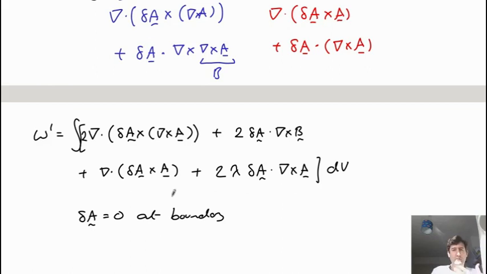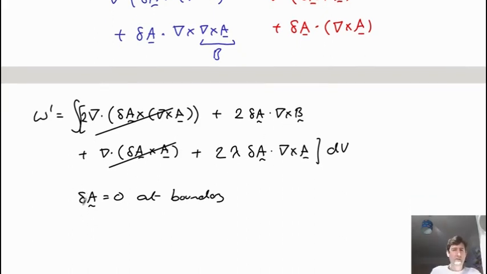So for example, if you have a conducting wall, so there's no flux through the boundaries, it's all line tied at the boundary, then we're not changing the walls. And so these two terms go to 0. So these two terms we can get rid of, and then these two terms we can group together like this.